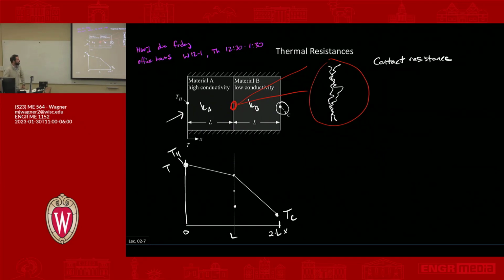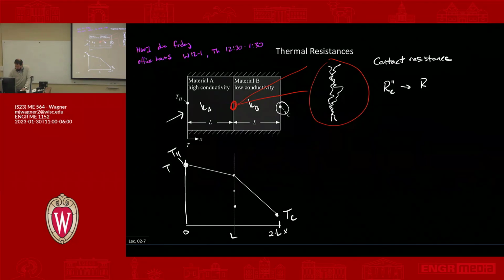Okay, so contact resistance is normally given to you as a coefficient. Somebody might say, okay, my R double prime C is some value. And we would convert that to an actual thermal resistance by taking that coefficient and dividing by area.